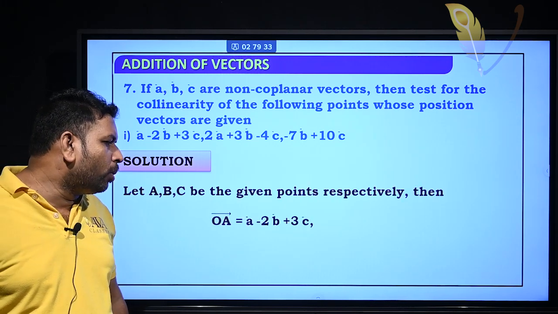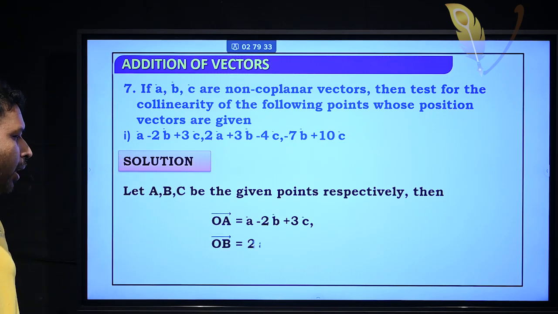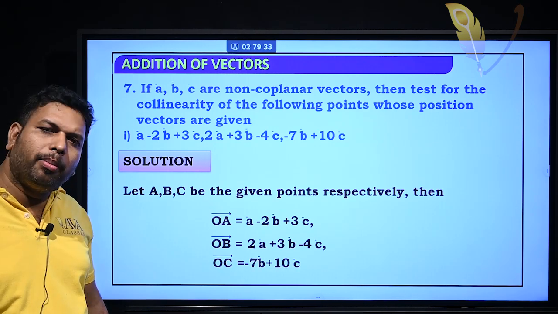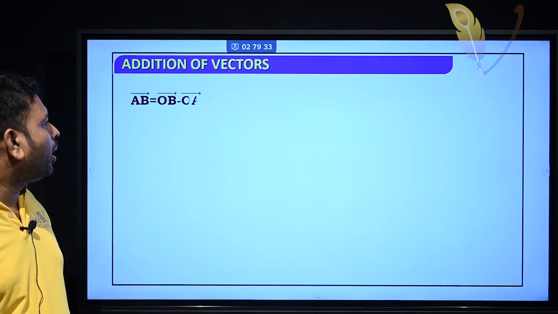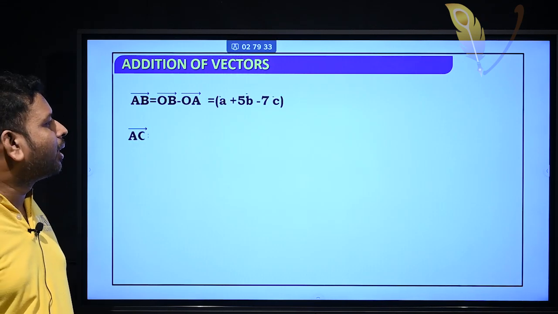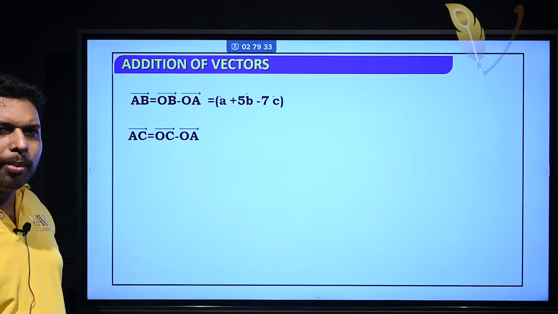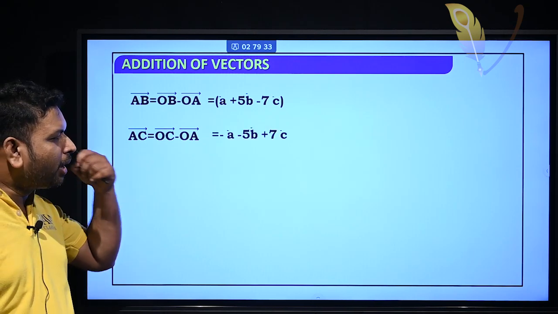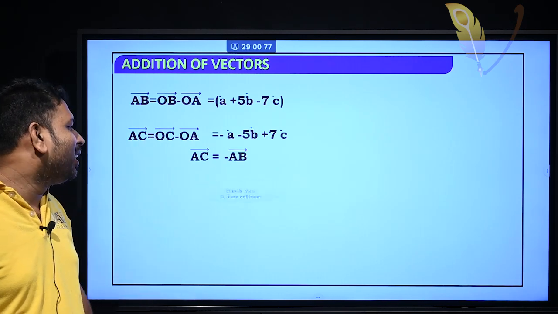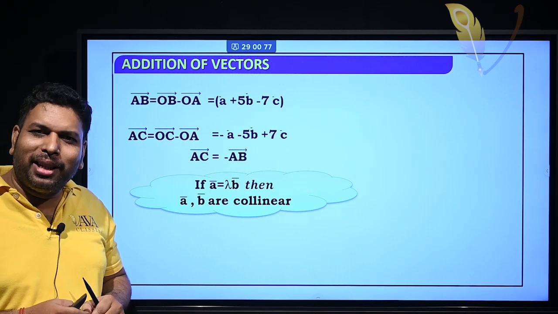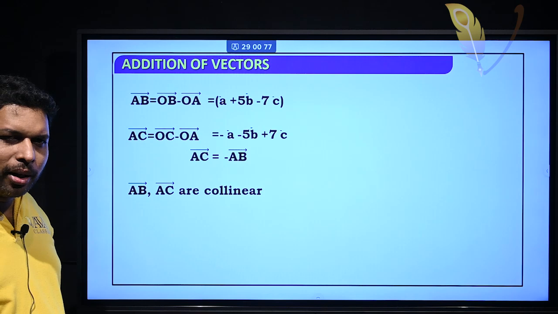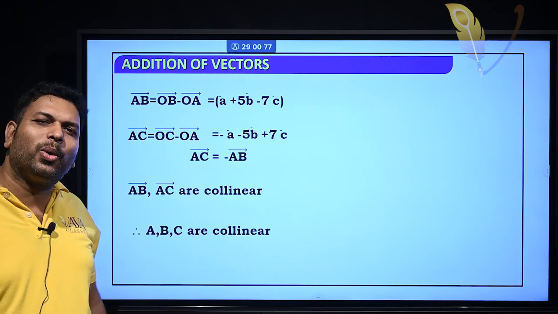So OA equals a minus 2b plus 3c, OB equals 2a plus 3b minus 4c, OC equals minus 7b plus 10c. Now AB equals OB minus OA. So this is a plus 5b minus 7c. AC equals OC minus OA, which is minus a minus 5b plus 7c. Now AC equals minus AB. So if AC equals lambda AB, then they are collinear. So AC and AB are collinear. That implies A, B, C points are collinear.